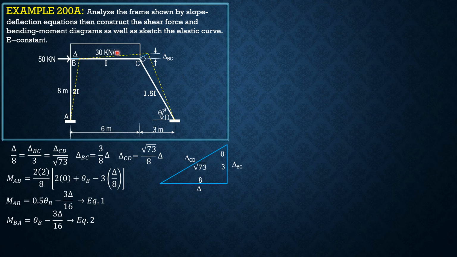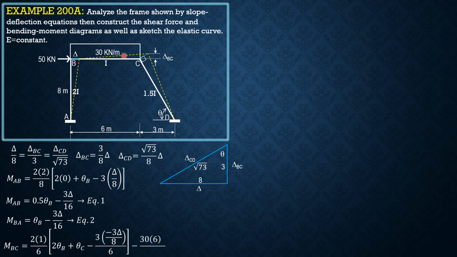So MBC, take note there is a load, so there is fixed moment, negative WL squared, W times 6 squared over 12. And since EI is treated as 1, MBC is 2 times 1 over 6, quantity 2 theta B plus theta C minus 3 times delta BC is negative.